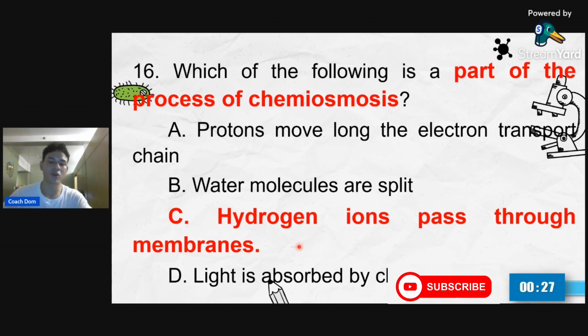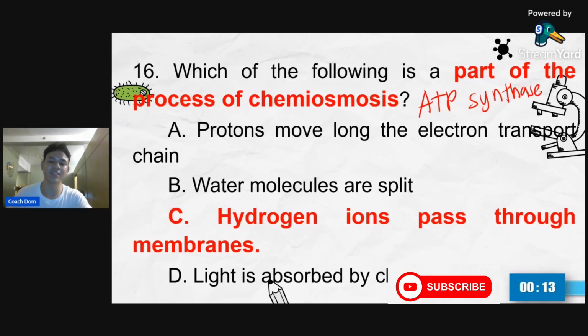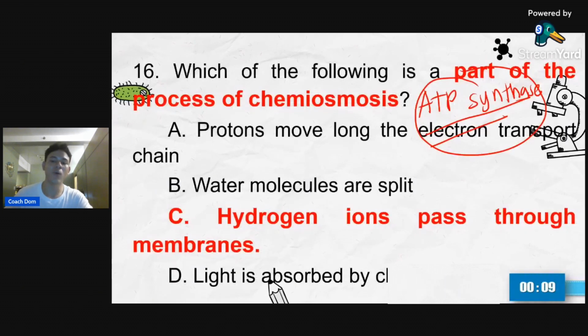That is why it is called chemiosmosis. Kasi we have this what we know as the ATP synthase. So mayroon po tayong tinatawag na ATP synthase, and this is the enzyme na gagawa ng ATP by chemiosmosis.